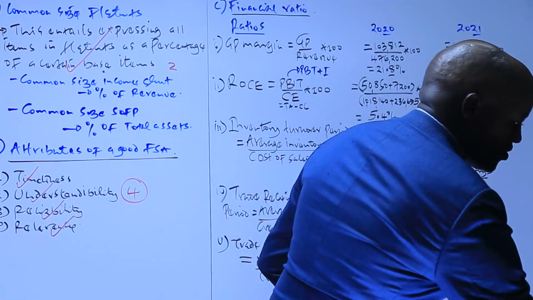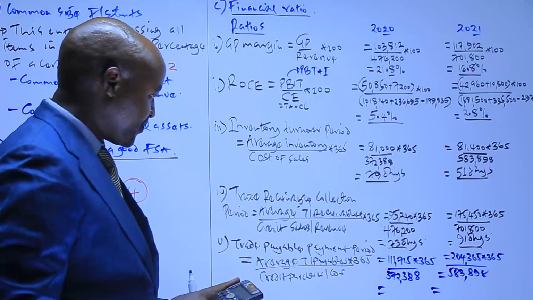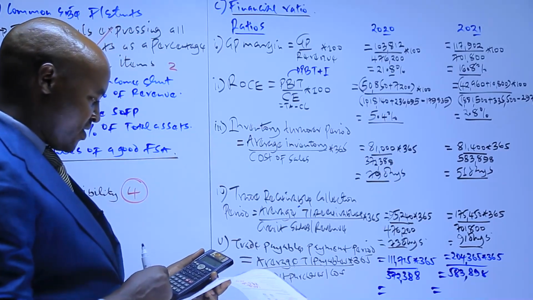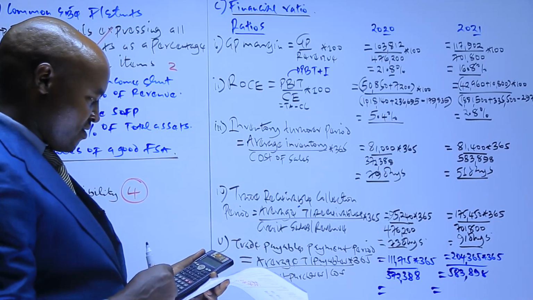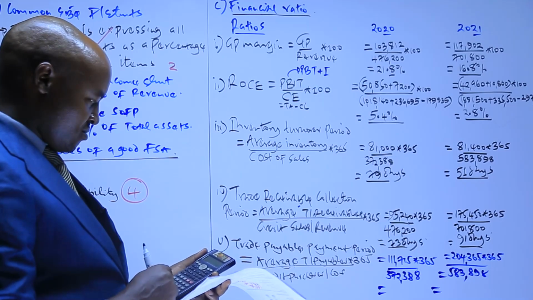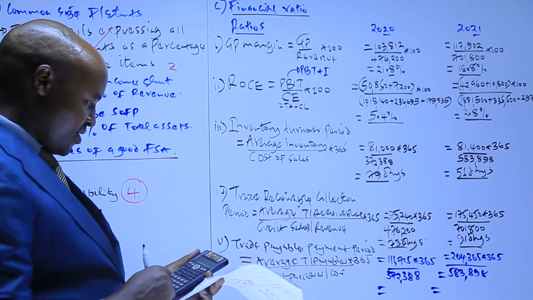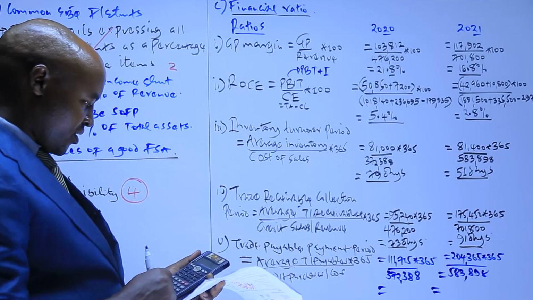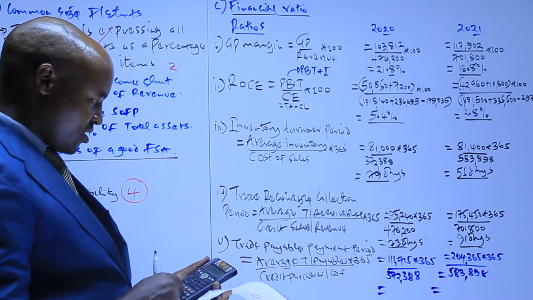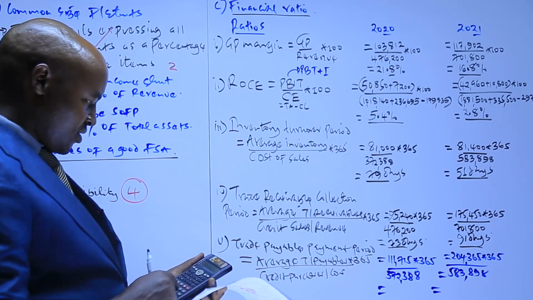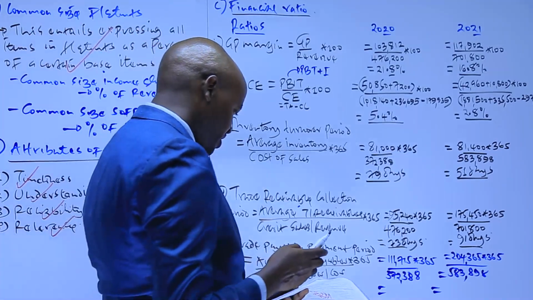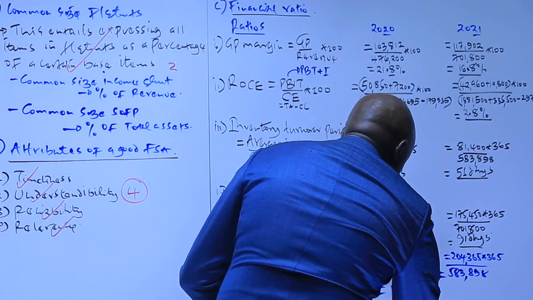Yes, so let's compute those final answers. We start with the year 2020. We have 111,715 divided by 372,388 times 365. So that will give us 109 days.